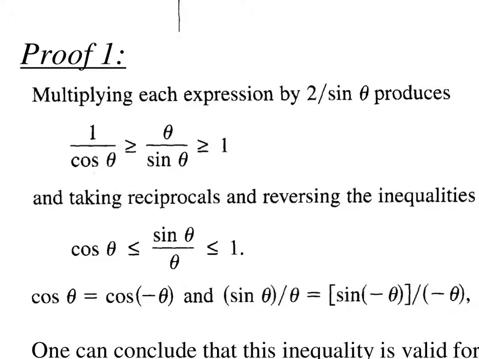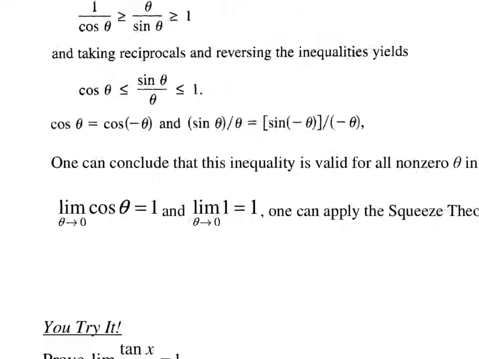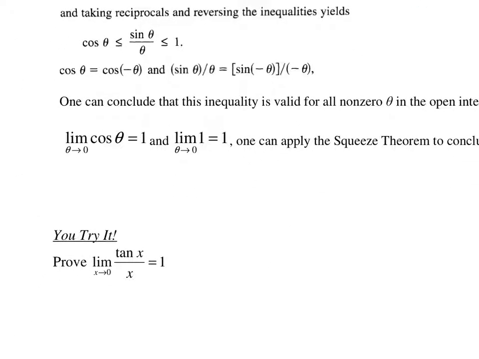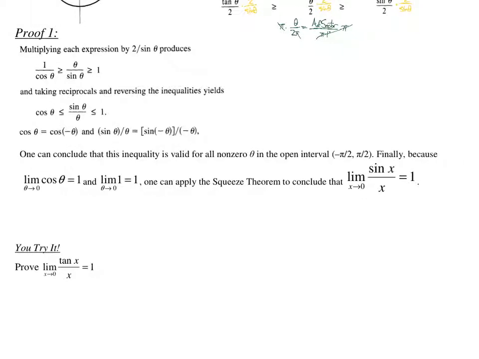It's 1. Cosine of 0 is 1. What's the limit of 1 as theta approaches 0? 1. So if both of these approach 1, then we know that the limit of sine of theta over theta is 1. They squeezed it in, so now we know it has to equal 1.